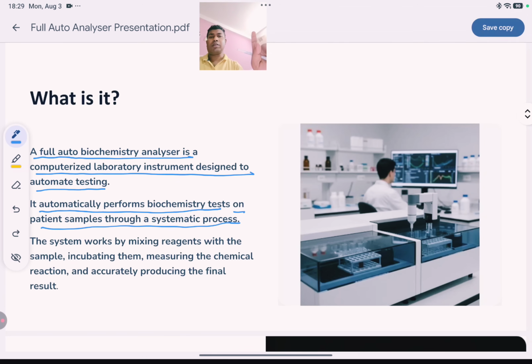Okay, now how the system works inside the analyzer. The system works by mixing reagent with the sample. So when we put the sample in the machine, the system will mix the reagent inside the machine and then it will incubate them.